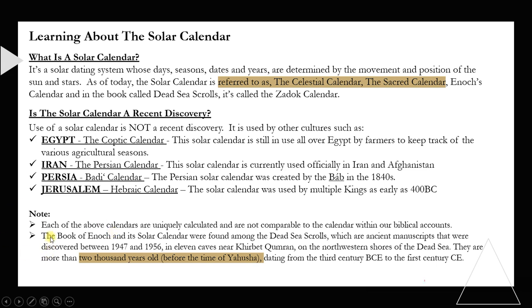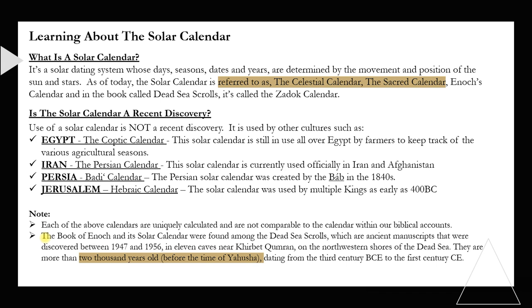Second point to note, the Book of Enoch and the solar calendar was found in the Dead Sea Scrolls, and they are an ancient manuscript. The Dead Sea Scrolls are an ancient manuscript, and it was discovered back in 1947 and 1956 in 11 caves near Qumran on the northwestern shores of the Dead Sea.